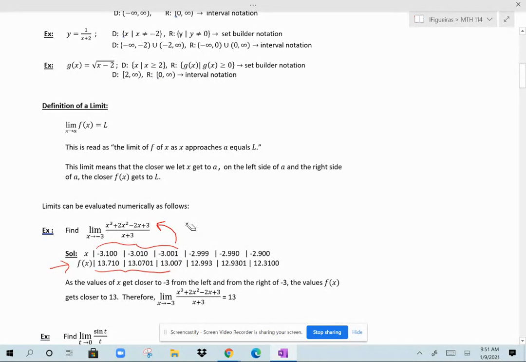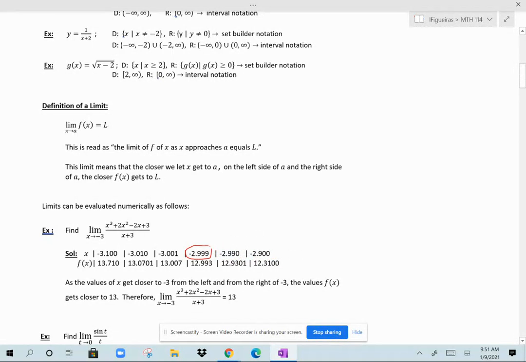And you can see that all of the y values seem to be getting closer and closer to the whole number 13. If I perform the same exercise to the right of -3, that's this side, the furthest one away from -3 is -2.9, that's to the right of -3, then -2.99, and then -2.999. So again, the closest one is the one here in the middle, -2.999.